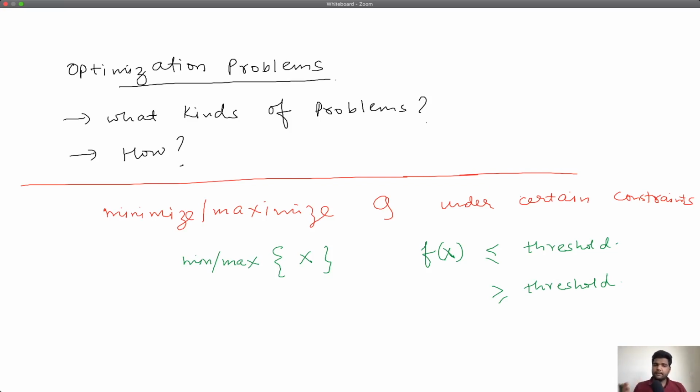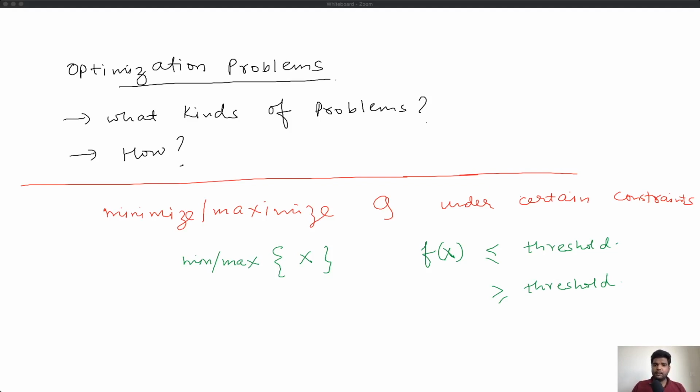Binary search is applicable to only a specific type of optimization problem, which is if you are expected to minimize or maximize some quantity X under the constraints that some function of X needs to still stay below some threshold or be always above that threshold, then you should probably think about binary search.